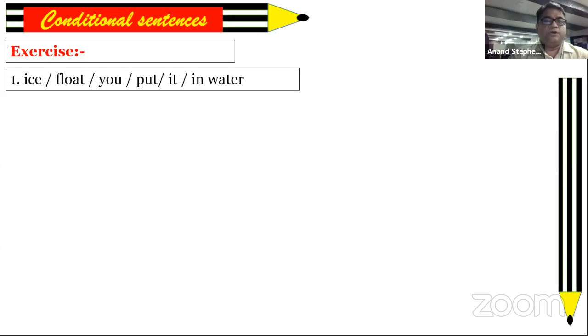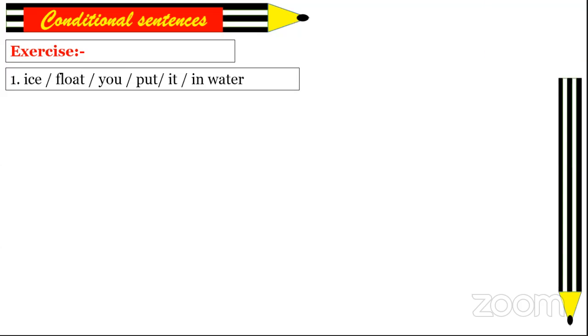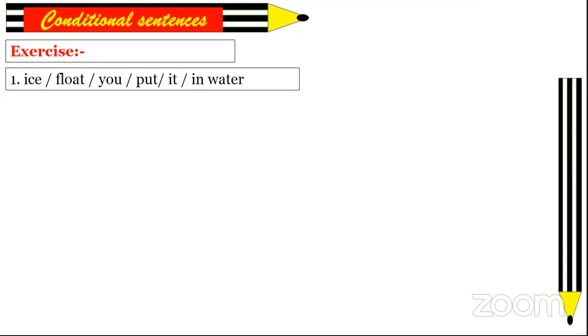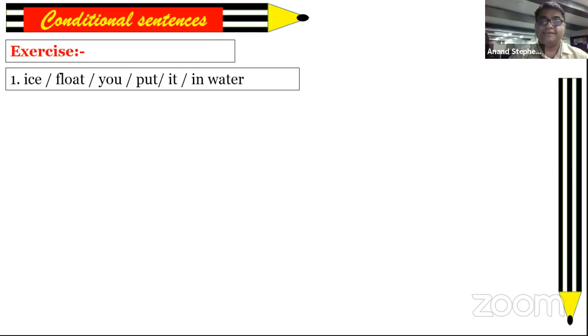Ice floats if you put it in water. Okay, something is missing. This is a conditional sentence. Only one thing is missing.